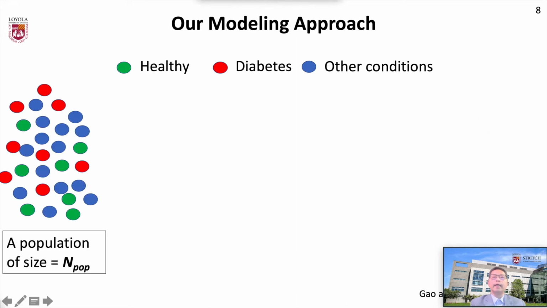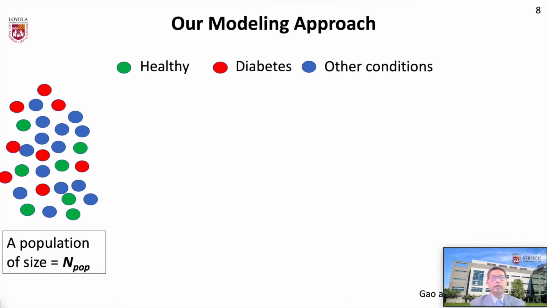Let's say the size of a general population is N-pop. There are three types of people in this population. First, people who do not have any underlying medical conditions, we call them healthy people, indicated by green dots. Second, people who have the comorbidity of interest, say diabetes, indicated by the red dots.